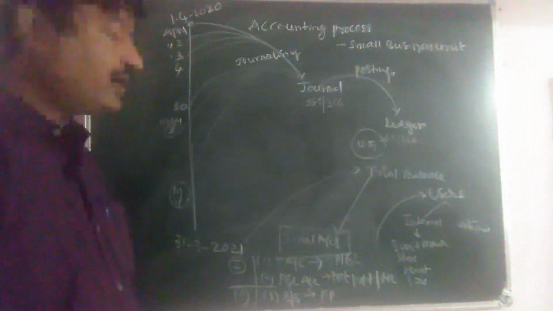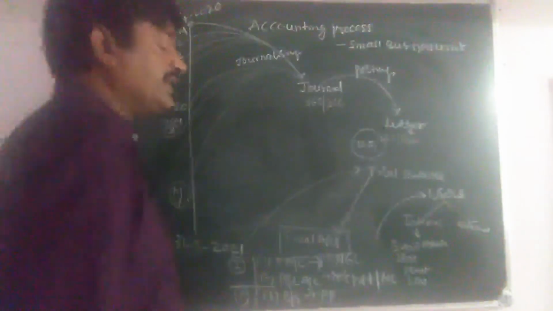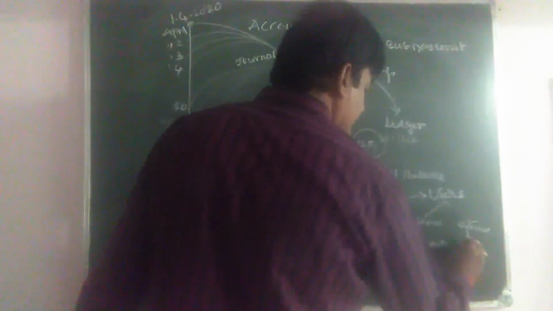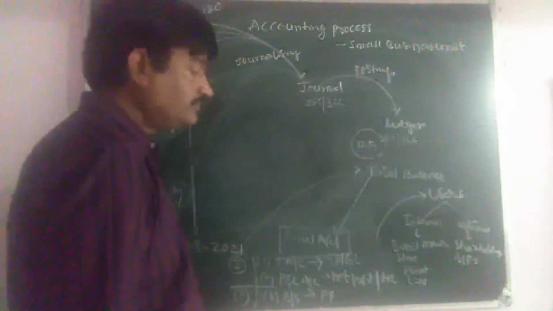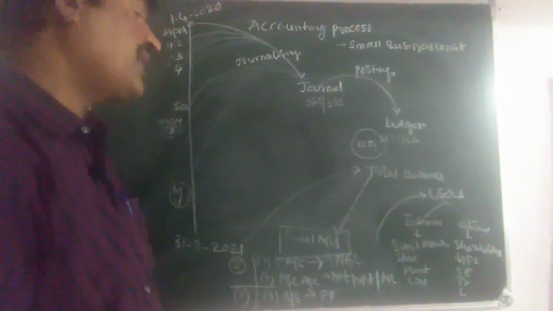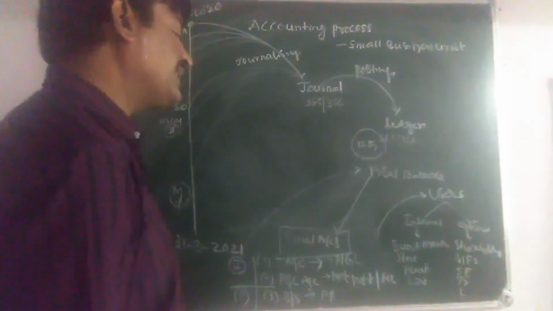Whereas external users include potential shareholders, banks and financial institutions, stock exchanges, trade associations, and labor unions. These come under external users of the business.